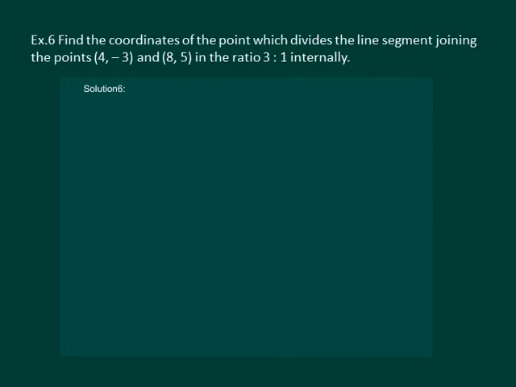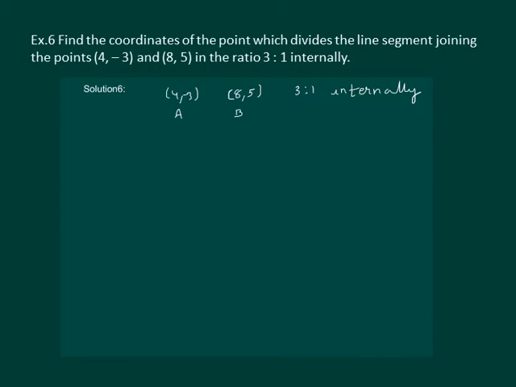Let us read the question. Find the coordinates of the point which divides the line segment joining the point 4, minus 3 and 8, 5 in the ratio 3 is to 1 internally.